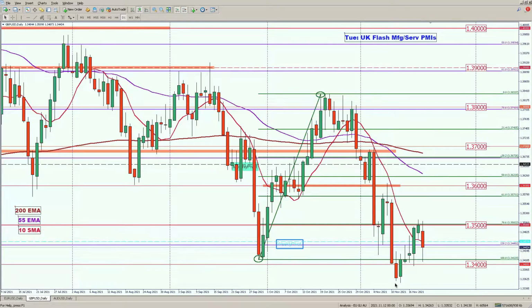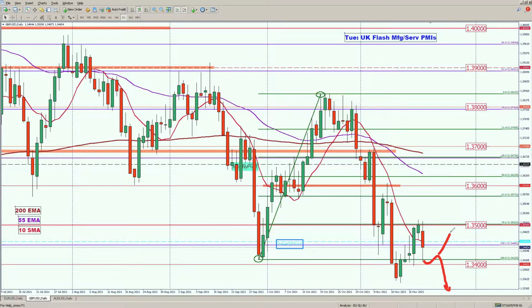But for now, it's trying to climb up higher. We'll have to see if it's able to find support in this 134 area. If it does break through, it's going for the 133 level.